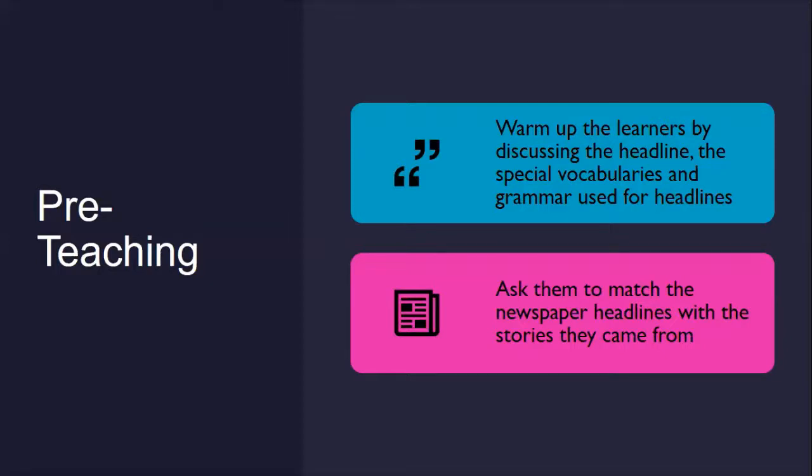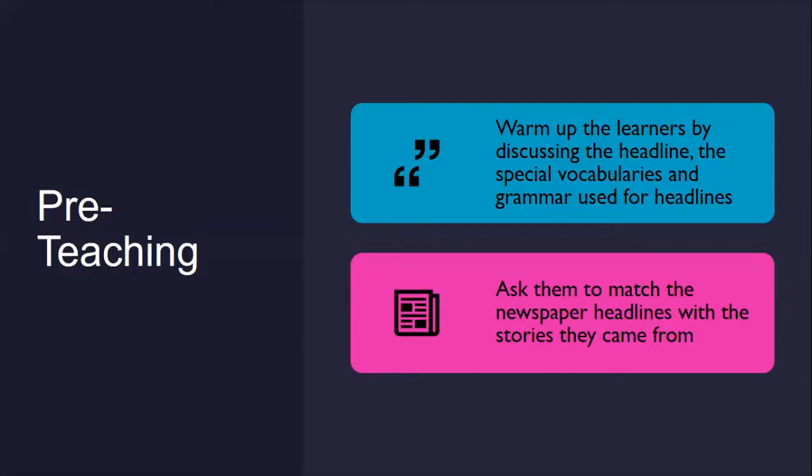In the pre-teaching here, the teacher warms up the learners by discussing the headline, the special vocabulary and grammar used for the headline. The headline here is very important for the students. So before the writing, they have to write down the headline of the writing. And there are some characteristics of the headline.